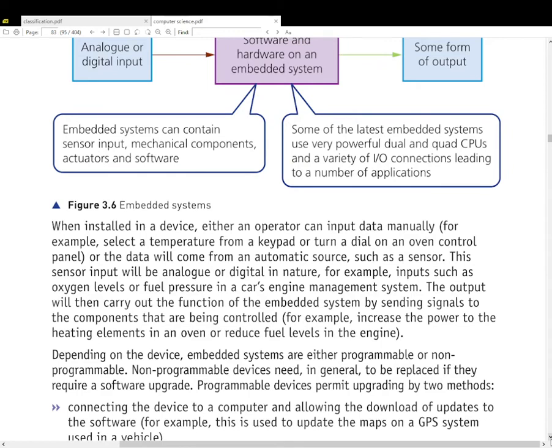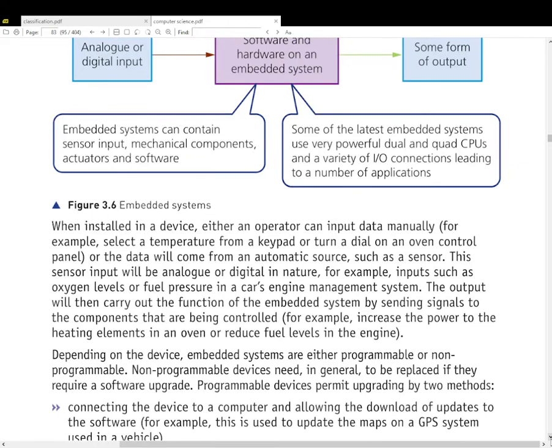So it is important to know that some of these embedded systems have sensors as their input. Now, sensors, as from what we know, are input devices that are able to capture information or data from the environment automatically.